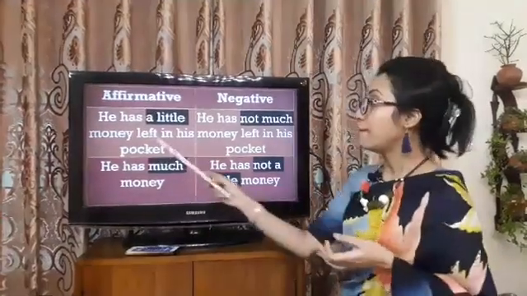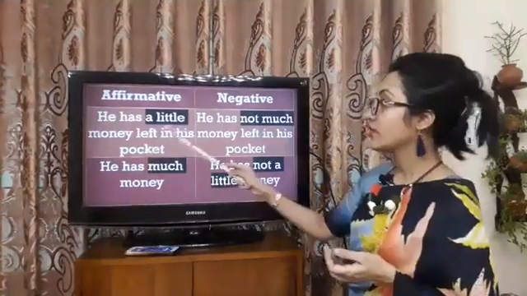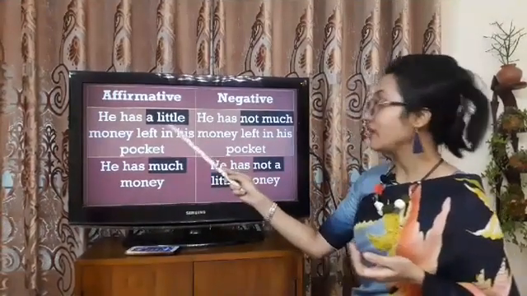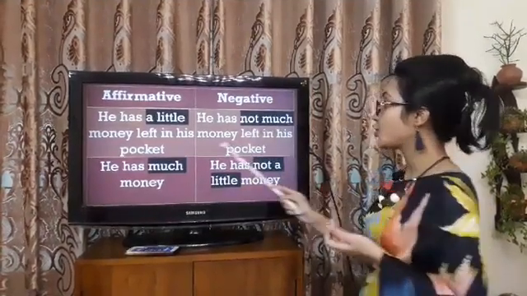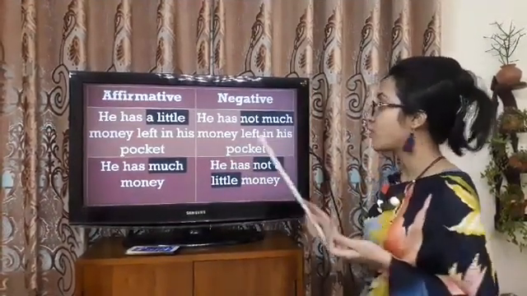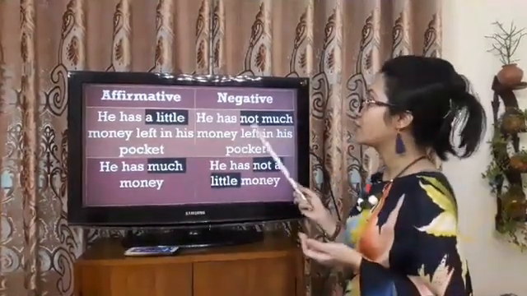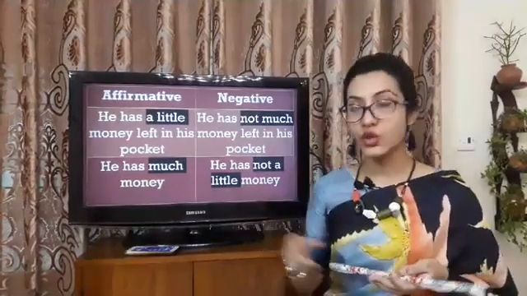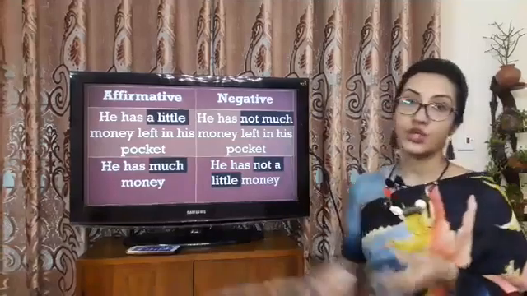So money is uncountable, and with this uncountable noun money, we have used the adjective a little. Dekho, when we are making it negative, we have written he has not much money left in his pocket. So আবার আগের মতোই আমি জাস্ট যখন নেগেটিভ করেছি আমি নটটা ইউজ করেছি না বোধক অর্থ করার জন্য, and in place of a little we have written much.